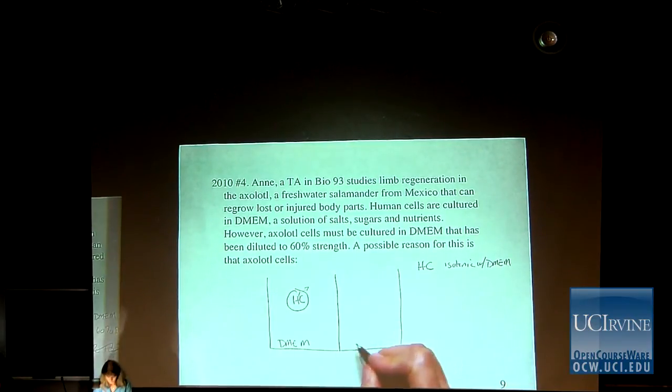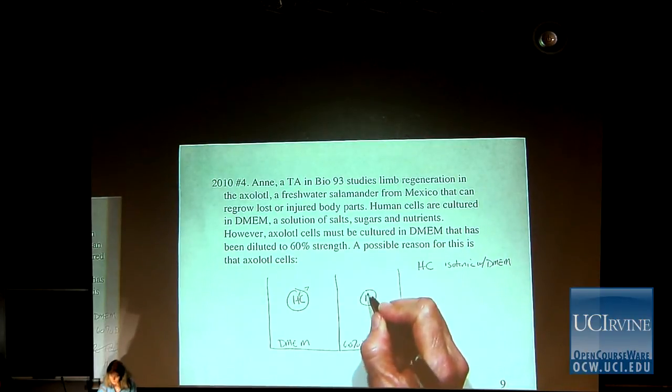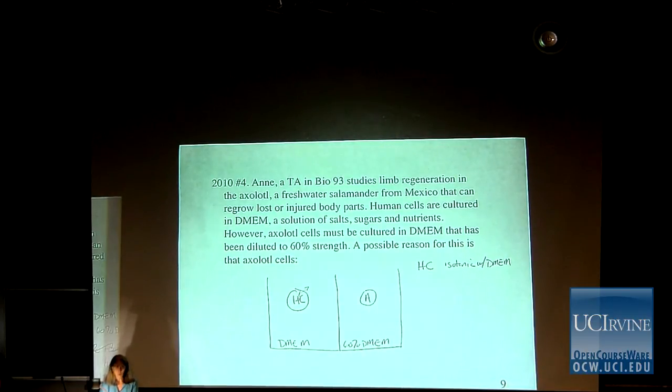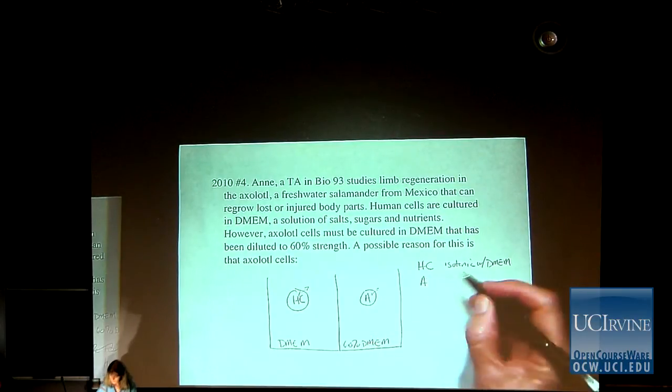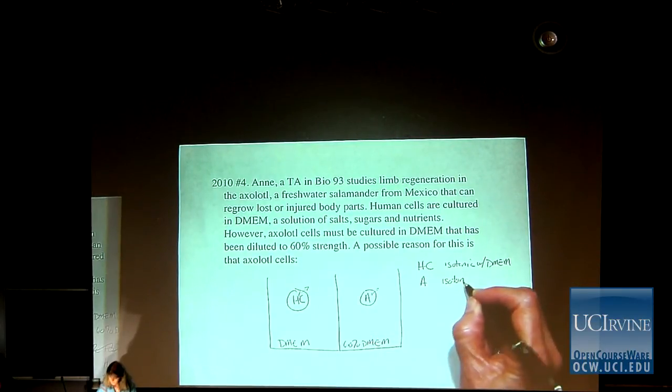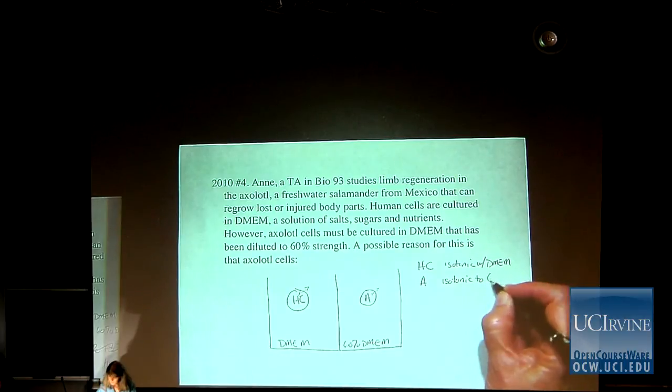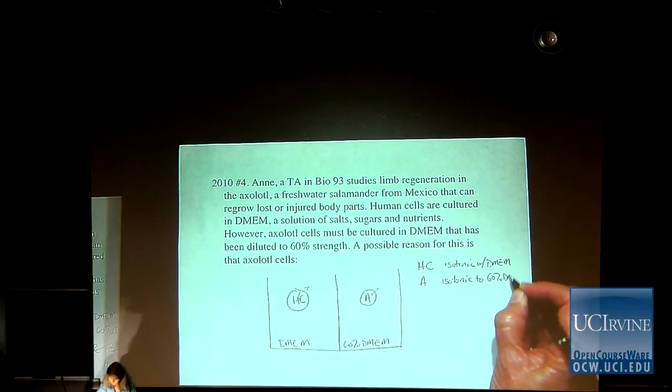Okay, and over here we have 60% DMEM. So we put a bunch of water in to dilute the DMEM, so it has a lower solute concentration. And the axolotl cells are perfectly happy in here. So are they isotonic to the 60% DMEM? Yeah, right? So water flow just goes back and forth. So axolotl cells are isotonic to 60% DMEM.